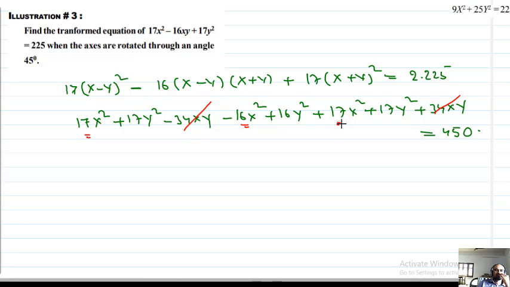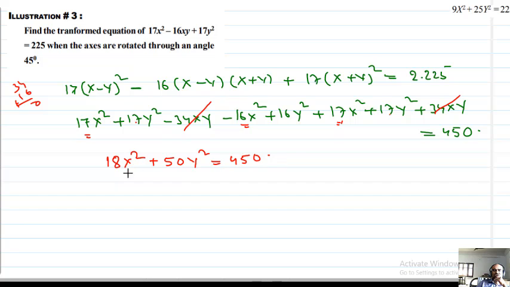This is plus X², 18X². Then 17Y² plus 16Y² plus 17Y², 50Y², is equal to 450.